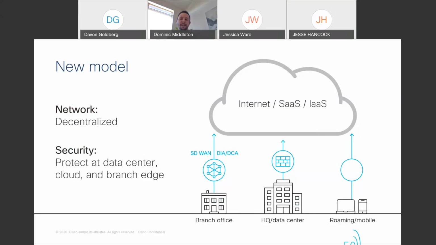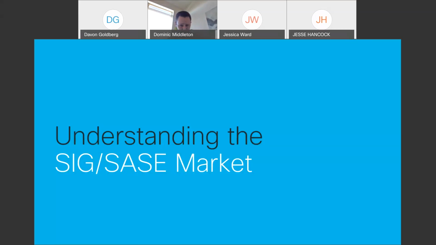So instead of protecting things by having a massive HQ firewall where we're routing traffic back to the HQ and then out to the internet, it's a lot easier and a lot more efficient to send it directly to the internet. So instead of doing things with that primary HQ firewall, now we're trying to protect the traffic no matter where it's coming from, no matter if it leaves a branch office or roaming devices. And so that's where SIG and SASE comes in.